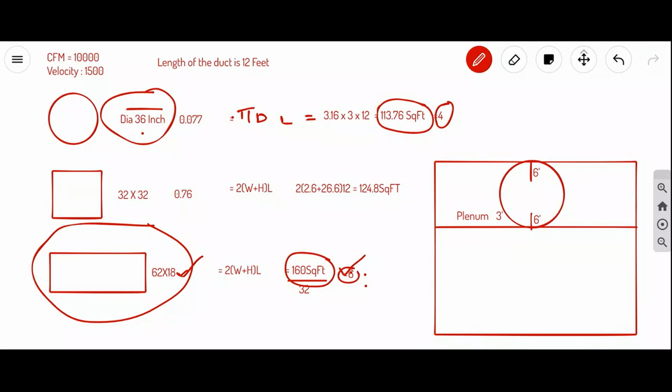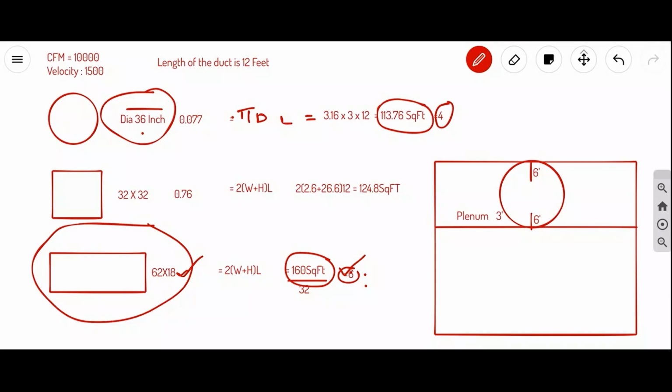If the client allows us to increase 6 inch more, even there we can create some difference. So that is the reason. This is where you need to select your duct shape. This is how the duct shape is basically decided. Am I clear?